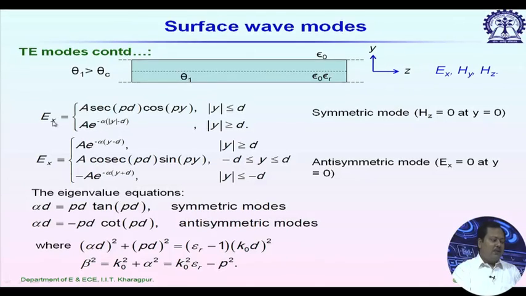If you look at the values, Ex is given here, it has a cosinusoidal function of y inside the dielectric, and it decays exponentially outside the dielectric. Similarly, for the antisymmetric mode, the only difference is that it has a sinusoidal variation inside the dielectric. So, at y equal to 0 we are expecting Ex equal to 0.